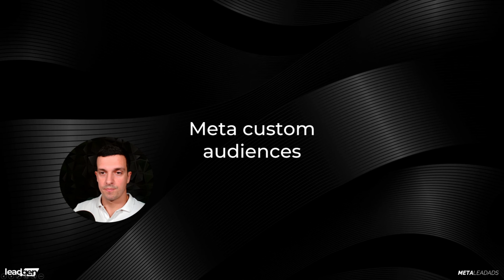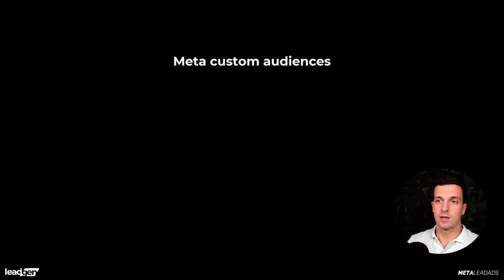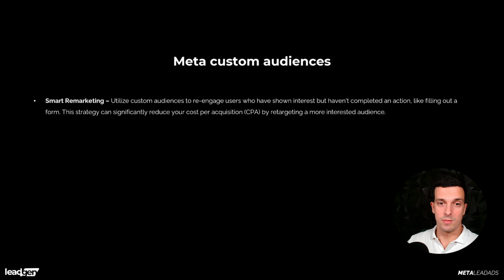Let's go back and cover Meta custom audiences. Meta custom audiences, smart remarketing: utilize custom audiences to re-engage users who have shown interest but haven't completed an action, like filling out the form. This strategy can significantly reduce your cost per acquisition by retargeting a more interested audience.